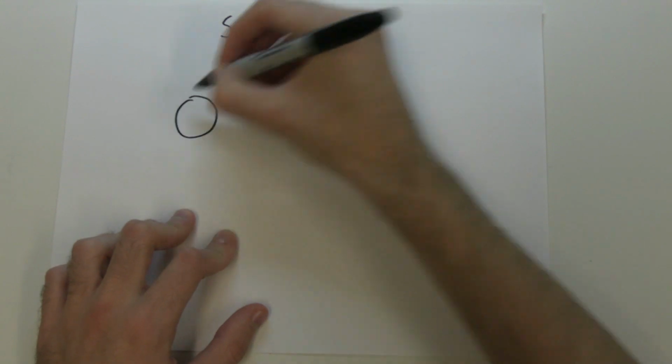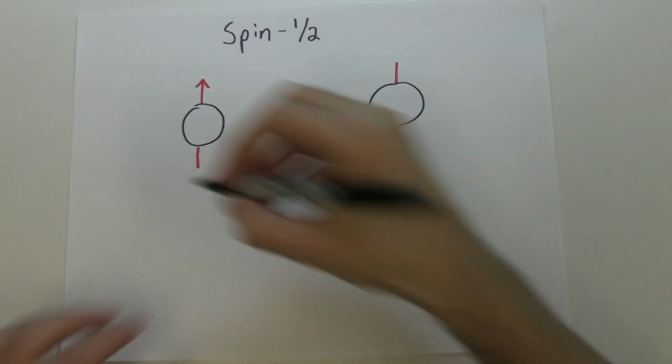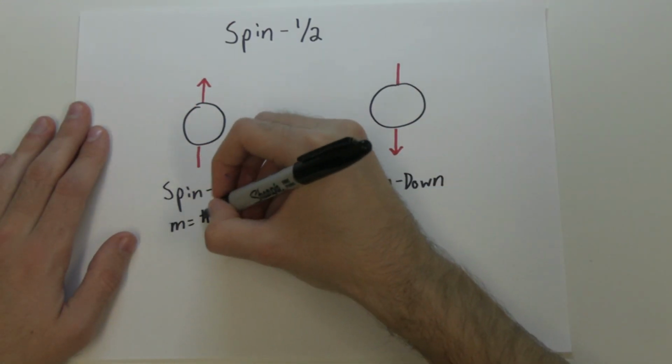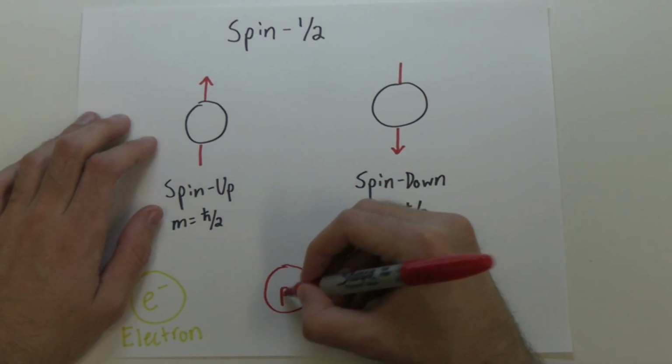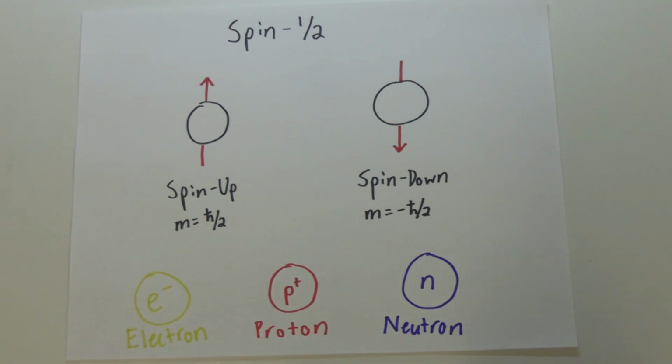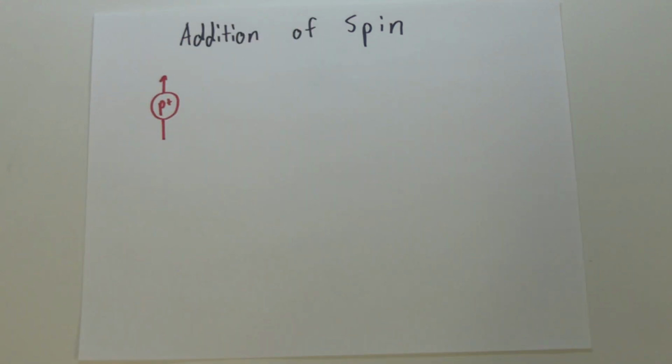Most commonly, we look at spin half particles, where the spin can take one of two values, which we call spin up and spin down. Electrons, protons, and neutrons are all spin half particles. However, spins tend to combine in complicated ways.